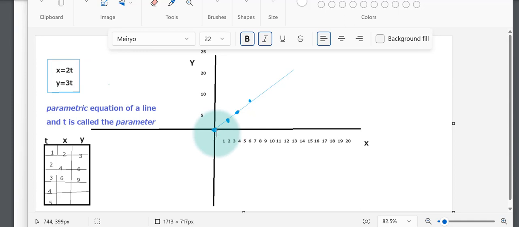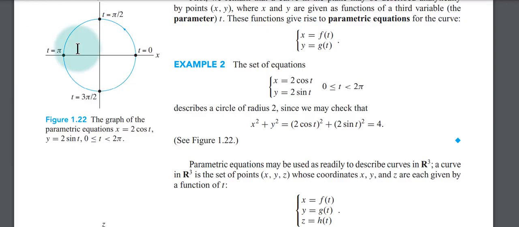And what we get is, as time increases, this point is moving along this line, but in this direction. So usually when we're talking about equations of lines, we don't have that sense of direction. But this enables us to have a sense of the direction of the curve, which is not normal.